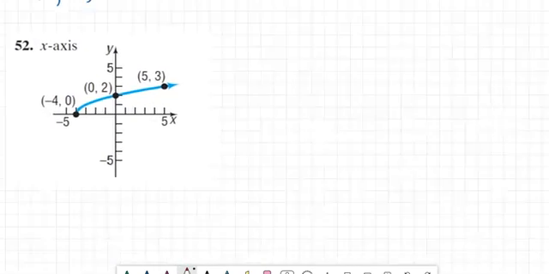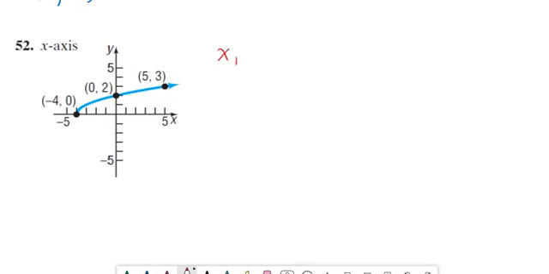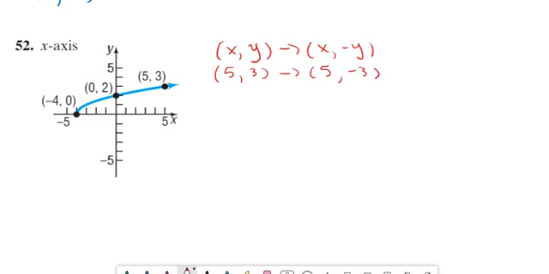So on all of these points, I know if a graph has x-axis symmetry, then I know x comma negative y, or x comma the opposite y, is also going to be on the graph. So the point 5 comma 3, then I know the point 5 comma negative 3 is also going to be on the graph.